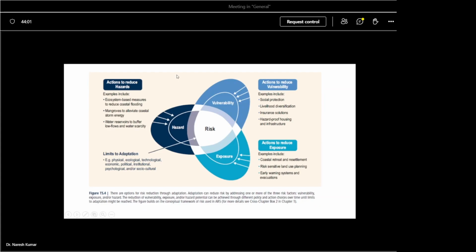Okay, so this diagram helps us see what options are available for risk reduction through adaptation. Those who are interested can also read about climate change and adaptations.